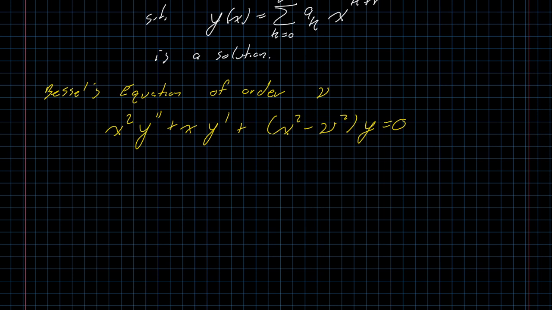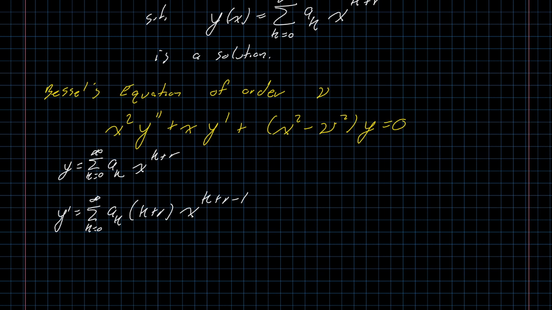Right? We're going to have that y is the sum, k goes from 0 to infinity, of ak x to the k plus r. We're going to have y prime is the sum k goes from 0 to infinity of ak times k plus r times x to the k plus r minus 1.